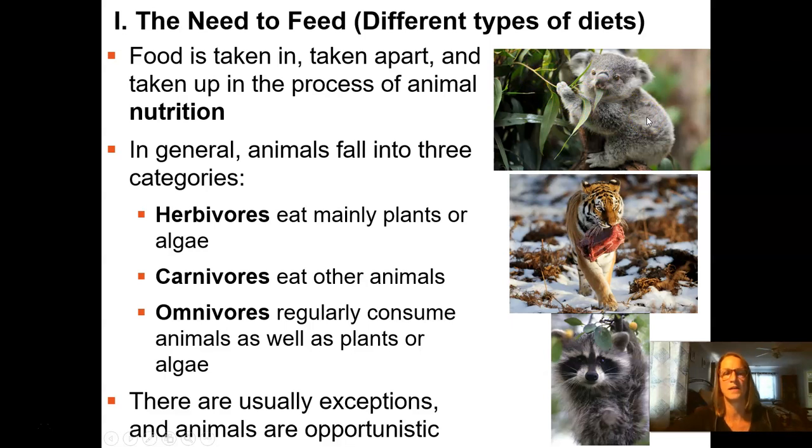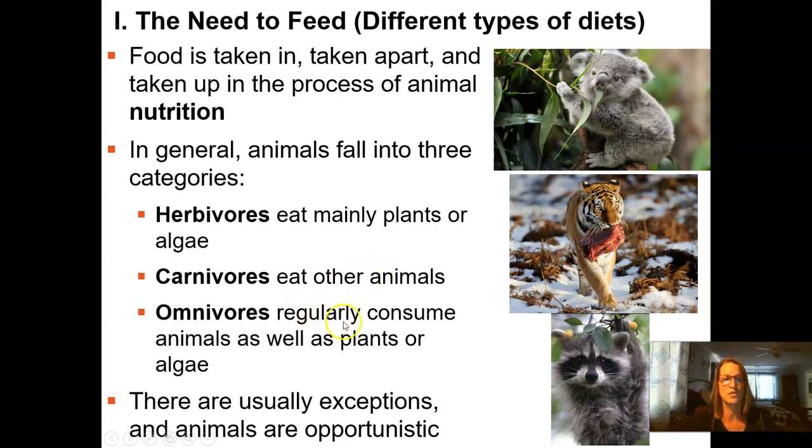Carnivores are animals that eat other animals, where they are meat eaters. So here is a tiger, and this tiger's eating some meat right here, you can see, carrying it around. I think that might be some of Carol Baskin's husband right there that he's carrying.